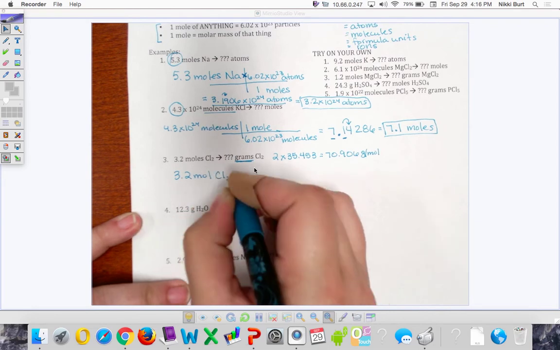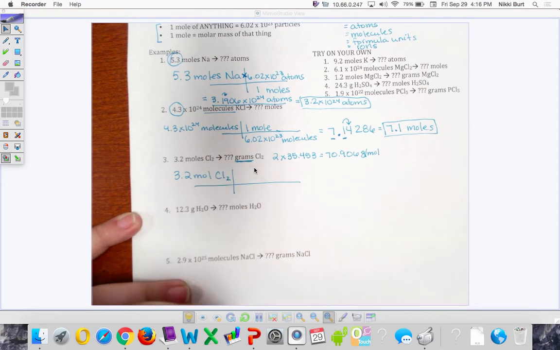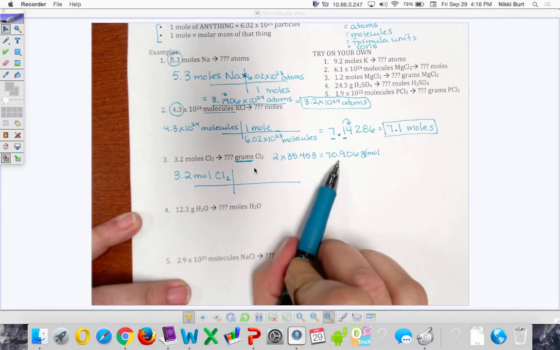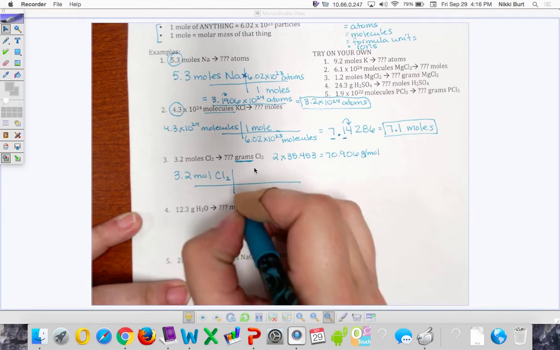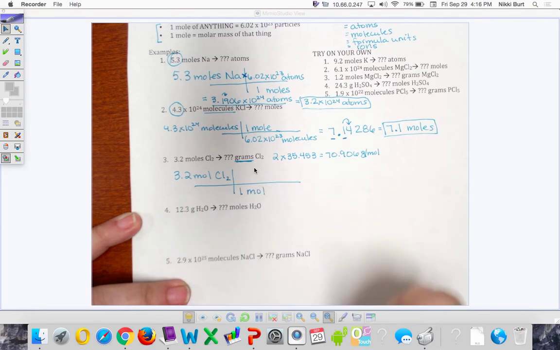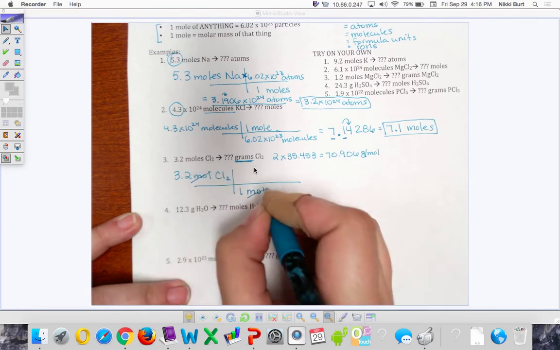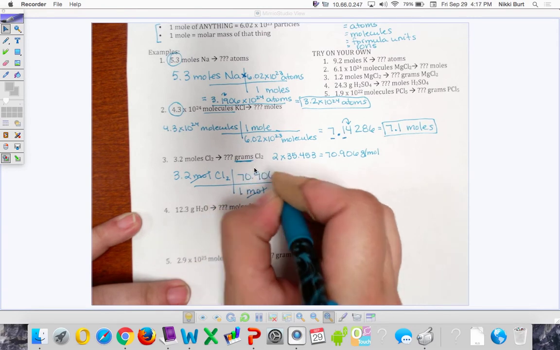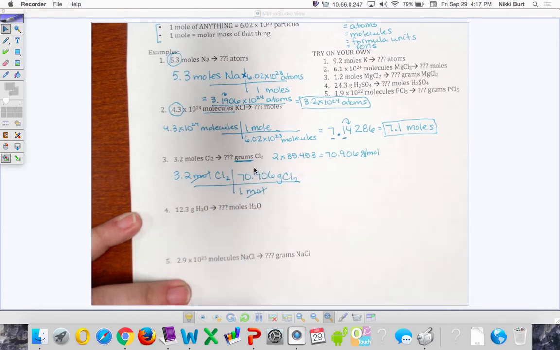So if I take 3.2 moles of chlorine, and I know that every 1 mole has this mass of 70.906, then 1 mole will go on the bottom because I need this to cancel, and 70.906 grams will go on the top.